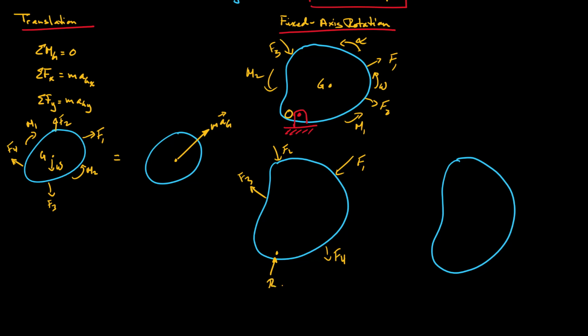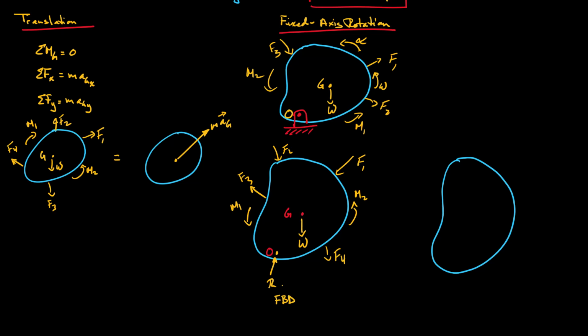We can call this R if we want. So we have point O over here. We have the center of mass G, and we're also going to have a body force of the weight. Let's also draw some moments. Okay, so that's a free body diagram.